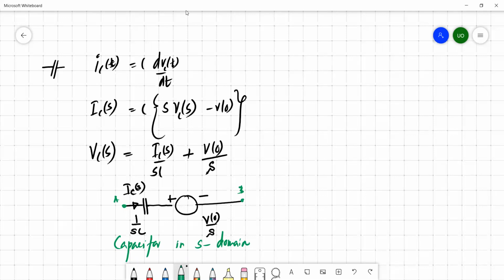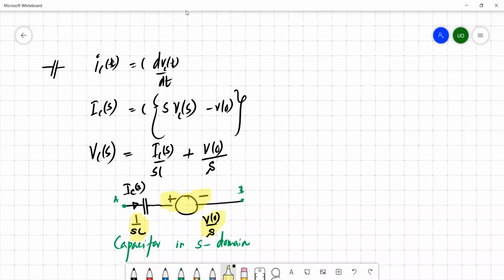So an element having an impedance of 1 over Cs and a series voltage source having the same polarity, and the value of the source is V0, which is the initial condition of the capacitor, divided by S.